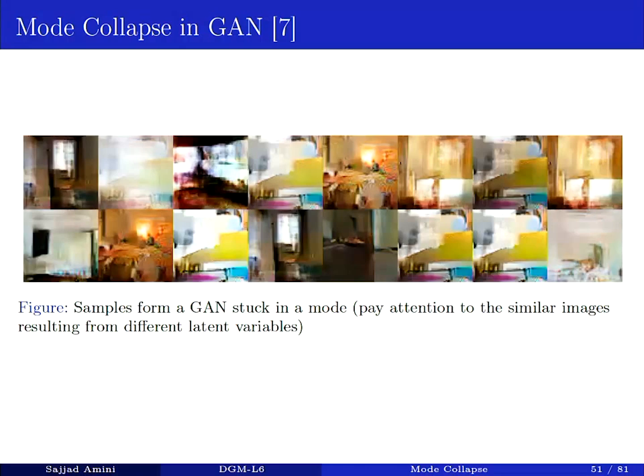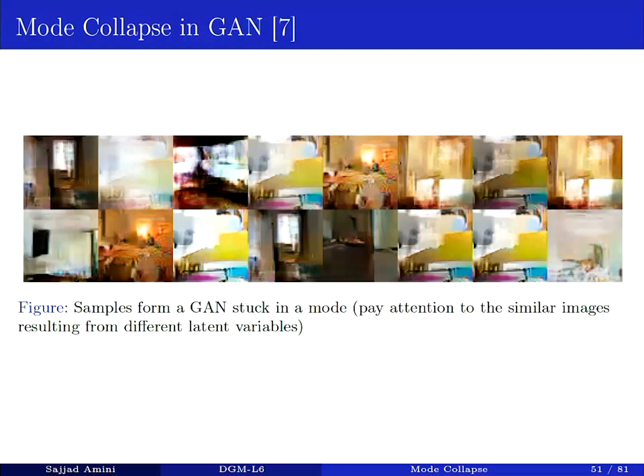When you are sampling from the true data distribution, you cover this mode, this mode, this mode. If your model does not have high likelihood in this mode, then you have a problem here. Assume that I start sampling from P data. Definitely I have some samples from here. When I evaluate those samples, the model understands that it gives low probability to this sample. Why? Because it is 0 here. So it updates its parameters so that it can cover this mode too.